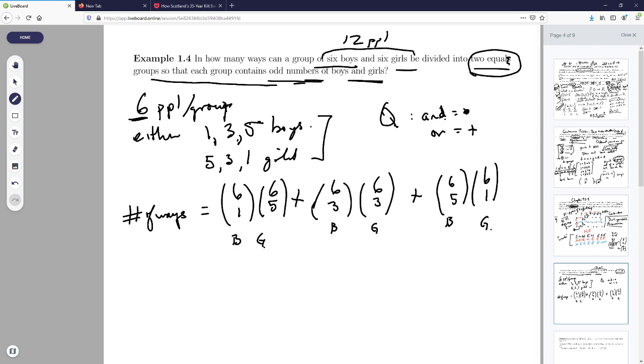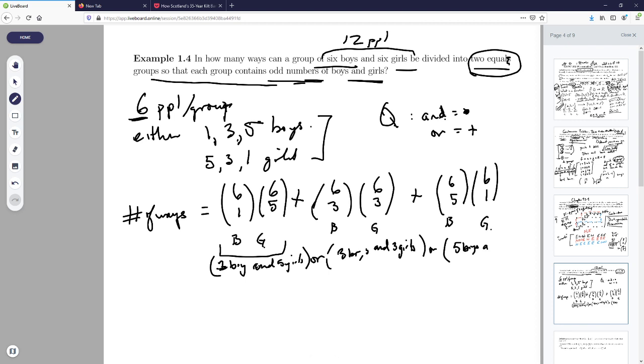So when you're picking a group of 6 people, first you're going to pick 1 boy and 5 girls, or you're going to pick 3 boys and 3 girls, or you're going to pick 5 boys and 1 girl. Literally you can just have a function f of and, which is equal to times, and f of or, which is plus.